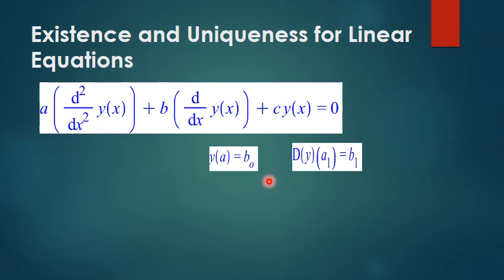Alright, so you have to guarantee that you can get one unique solution to the differential equation you're going to solve, and that solution has to exist, and that solution has to be unique.